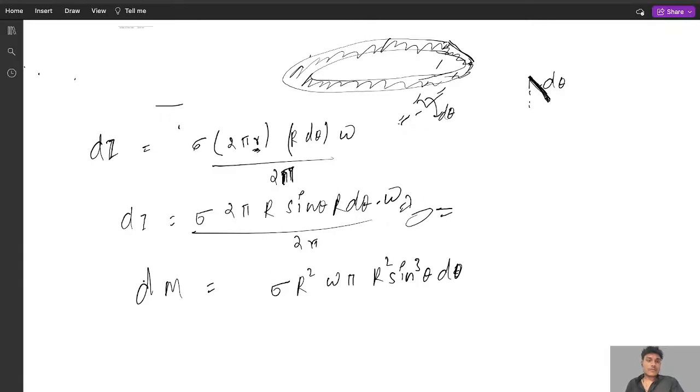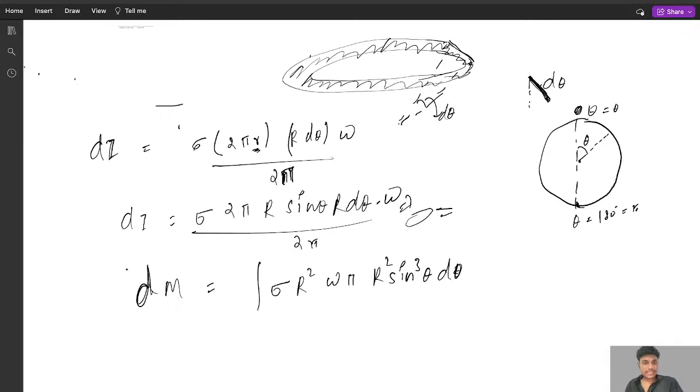Now we have to find the m. If you see here, this is the theta. Now we have to integrate. If we take this position as theta equal to 0 and this as theta equal to 180 degrees or pi, then this completes the whole disk, all the disks will be covered, so we will integrate from 0 to pi.